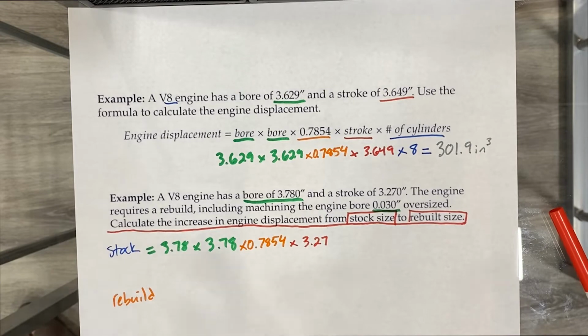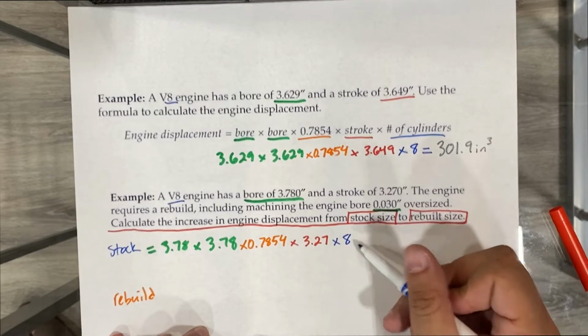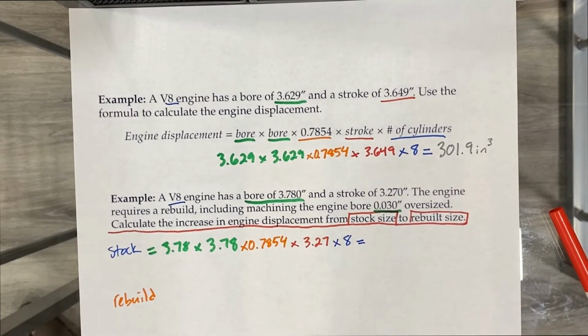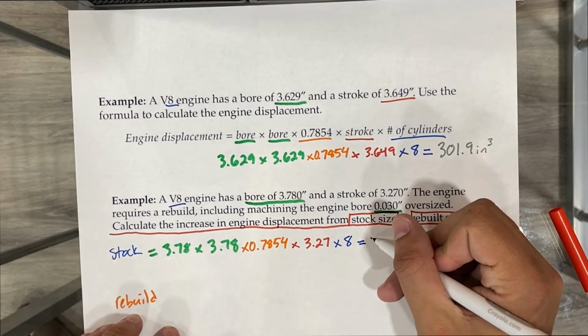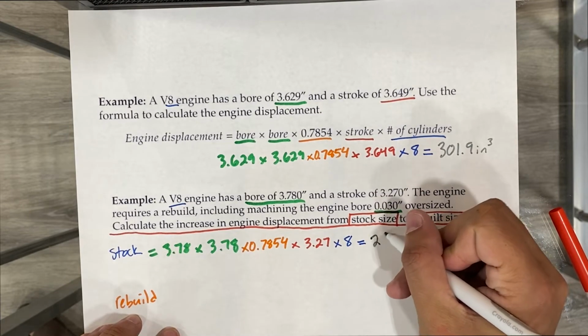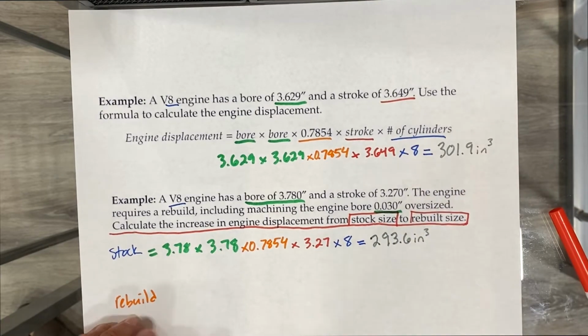And then since it is a V8 engine, we are going to multiply it by 8 to perform our calculation. So we're going to go ahead and enter that all into our calculator. And once we calculate that all out, we find that the multiplied numbers come out to 293.6 inches cubed.